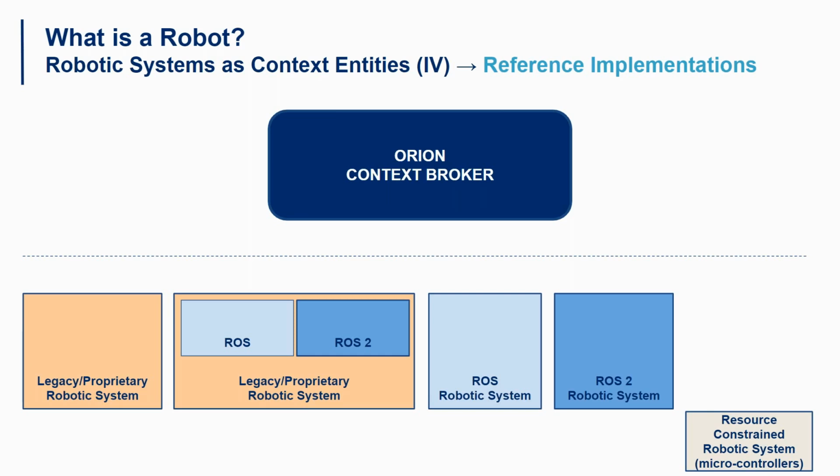Or maybe you have a pure ROS robotic system, which has two versions, ROS 1 and ROS 2. Or in the last alternative, you have a resource-constrained robotic system, mostly based on microcontrollers, and you want to connect them with the context broker.